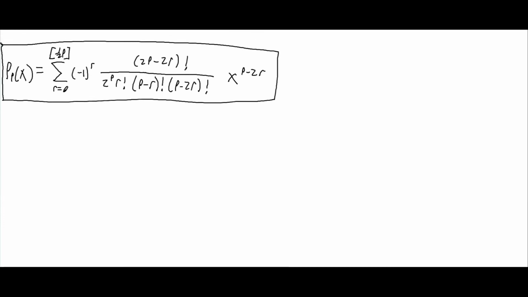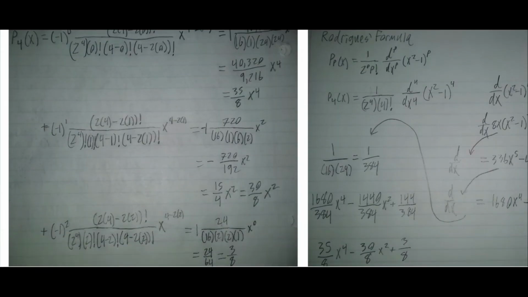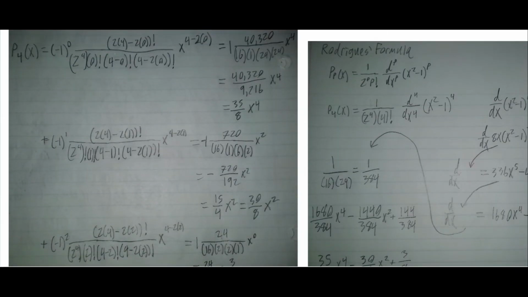And so I just substituted in 4 everywhere there was a p, and for r, I did the first term here, then I put 1 in for r down here, and then 2 in for r down here. Remember, r is going up to half of p, so it only goes up to 2.